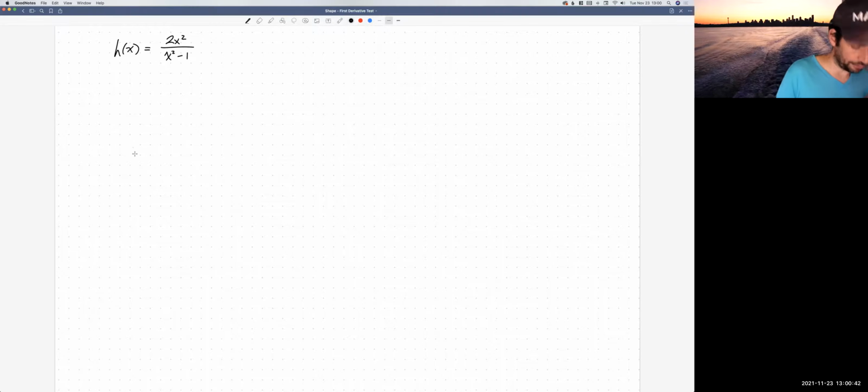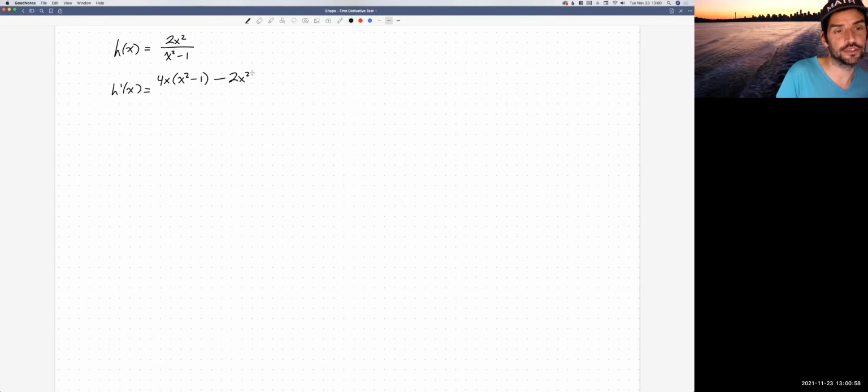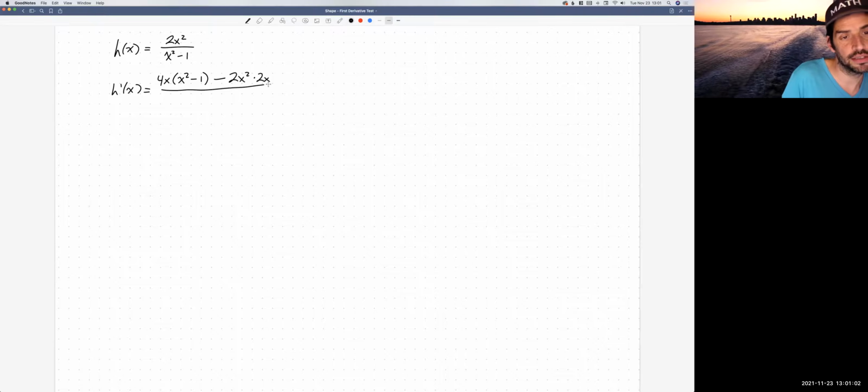So h prime of x is going to be equal to, I've got to do a quotient rule, so I'll have 4x, the derivative of the top, and I leave the bottom alone. Then I leave the top alone, 2x squared, and take the derivative of the bottom. That's 2x. And then, of course, I square the denominator.